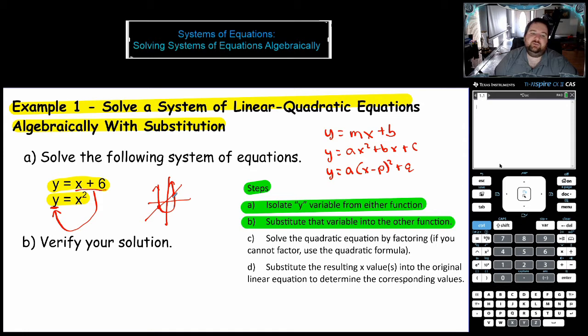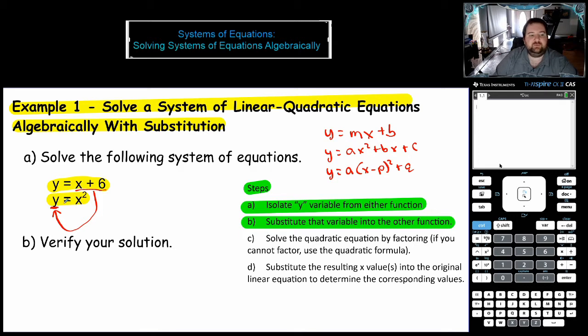Whatever the points of intersection are, they're going to be points that have the same x and y coordinates. And because they have x and y coordinates that are equal to one another, we can use the substitution method to help find them by saying that the two equations are linked algebraically.